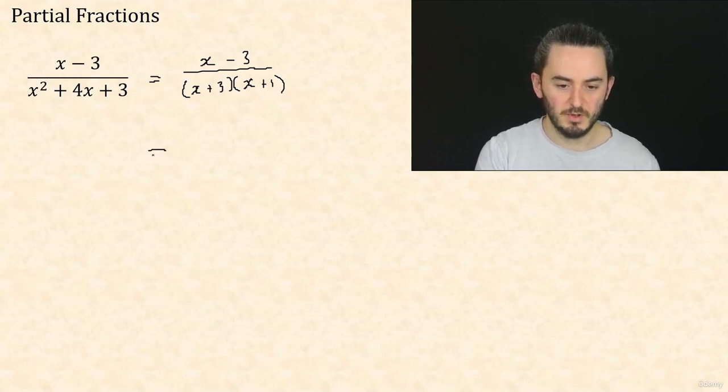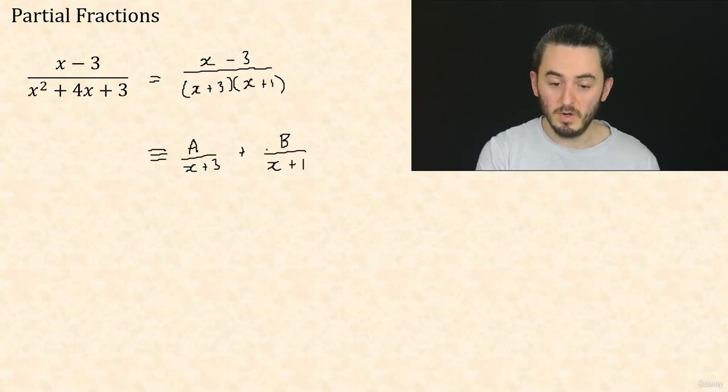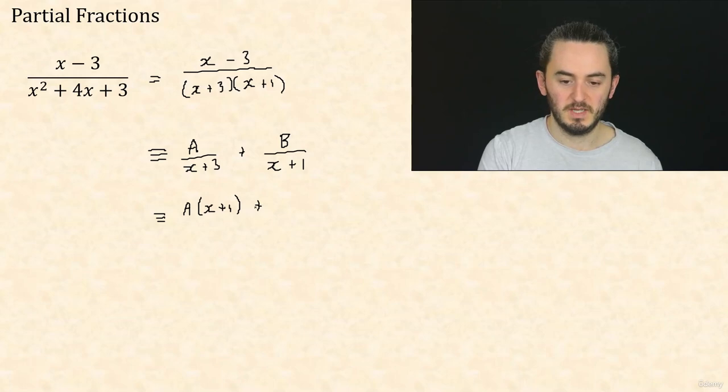And here's the challenge. We want this to be identical to something over x plus 3 plus something over x plus 1. We can work out what those somethings are by adding these two algebraic fractions together. We get a times x plus 1 plus b times x plus 3 all over x plus 3, x plus 1.